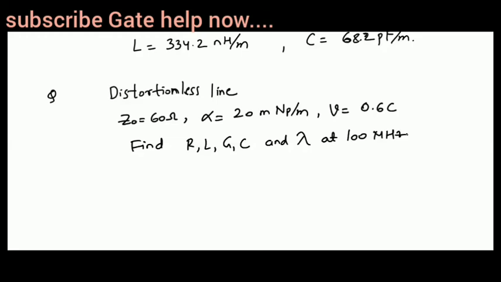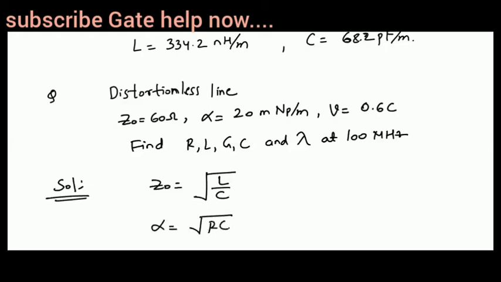Now, since the line is distortionless, we know that again Z0 is under root L by C, and also alpha is equal to under root RG, and V is equal to 1 by under root LC.